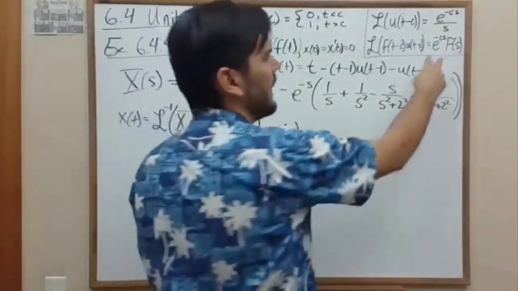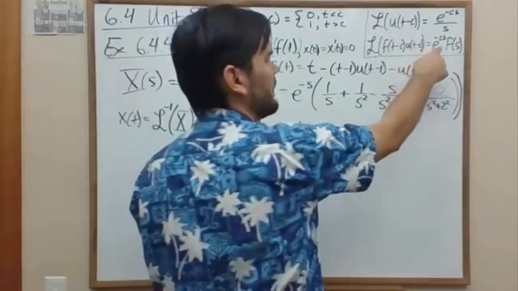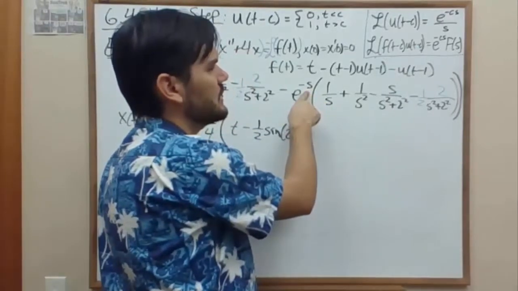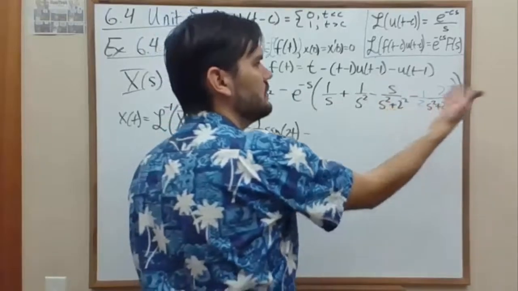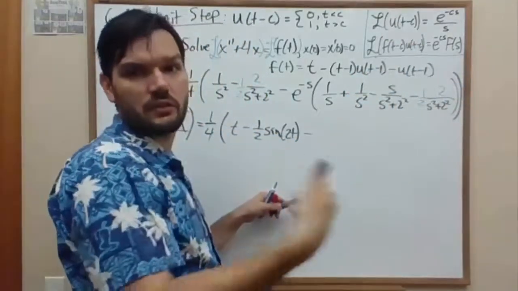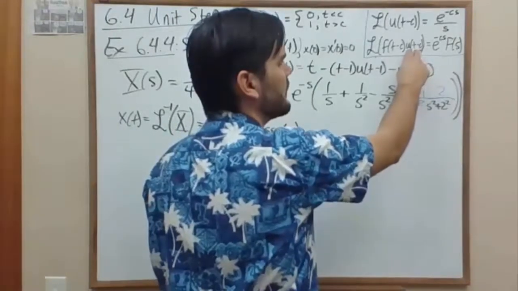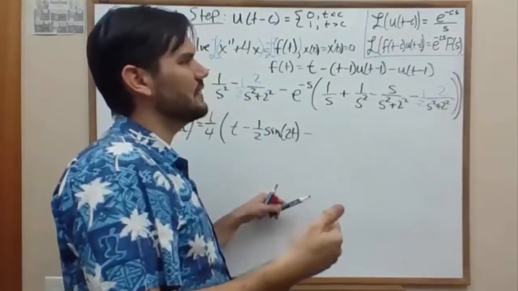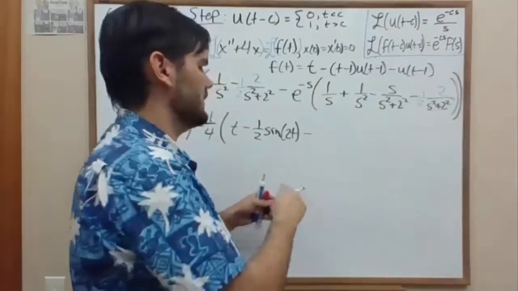So I look back at my second property and I work backwards. I have an exponential with the c equals 1 value, times transformation of several different functions, or a combination piece. I want to turn it into a unit step function times each of these functions shifted where they once were a t to a t minus c, in this case 1.